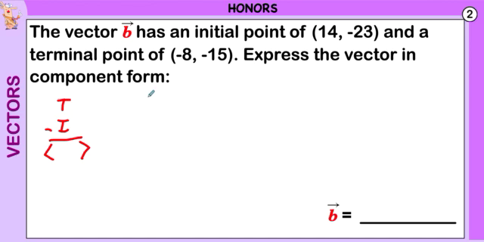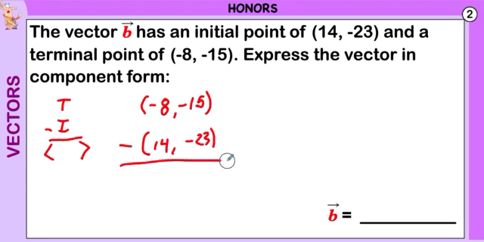Okay, so we'll go ahead and start. We start with negative 8 and negative 15 minus 14 minus 23. Okay, so if we go negative 8 and subtract 14, we will get negative 22.